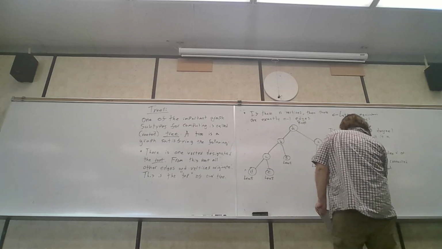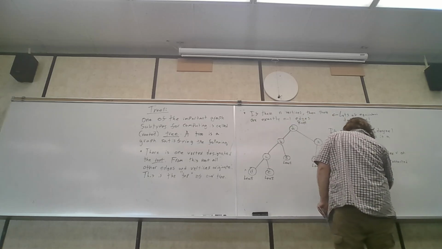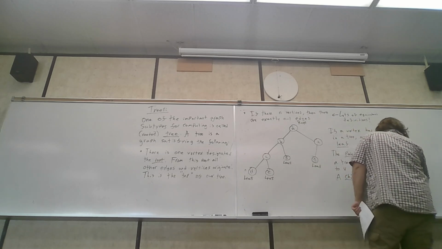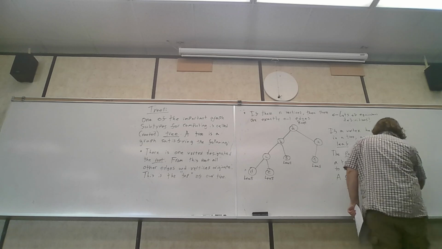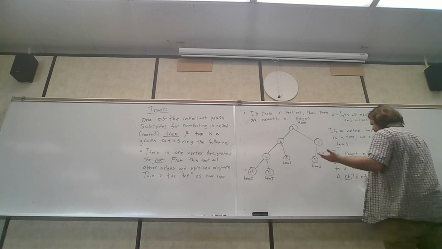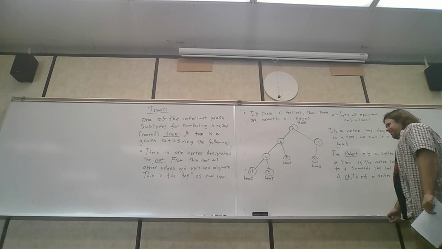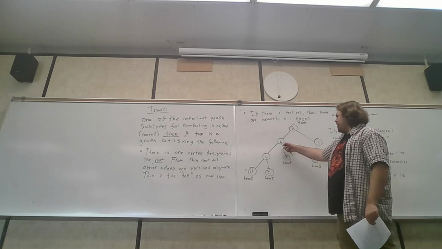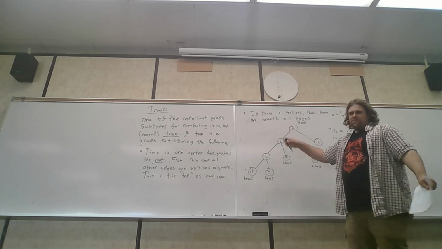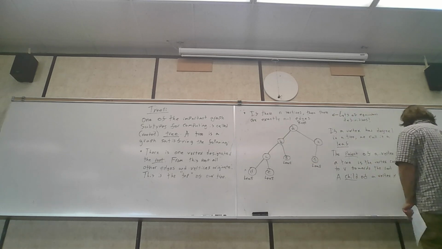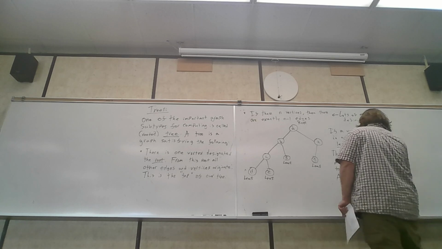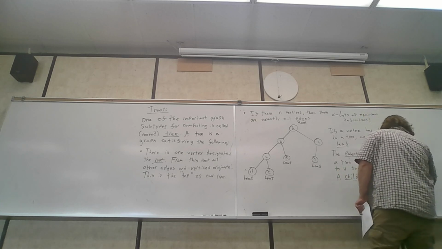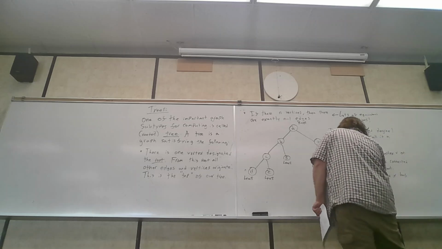A child of a vertex V is, well, it's defined in terms of parents, right? This is a child of V because it has V as a parent. So a child X of a vertex V has V as its parent.